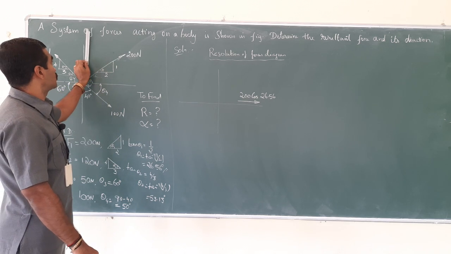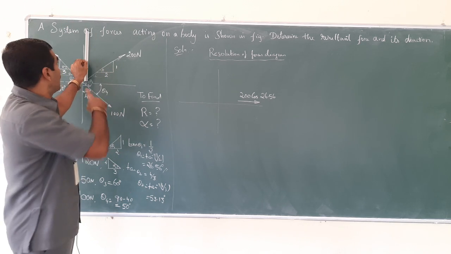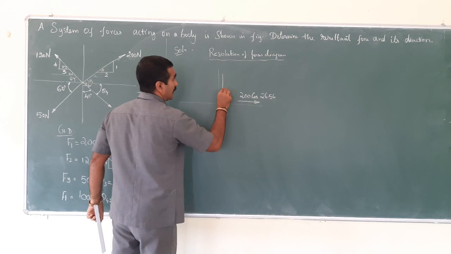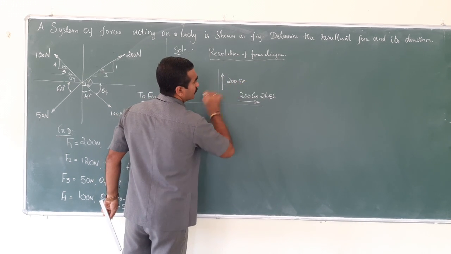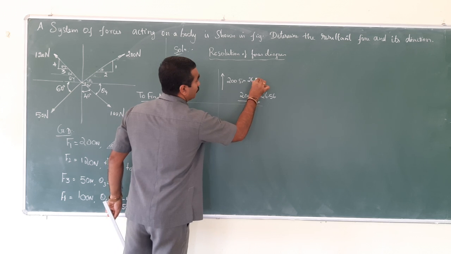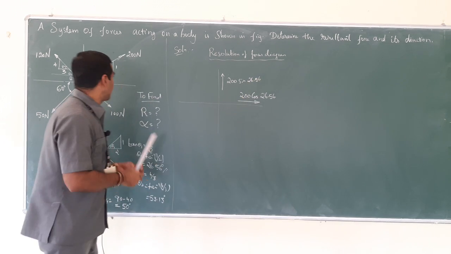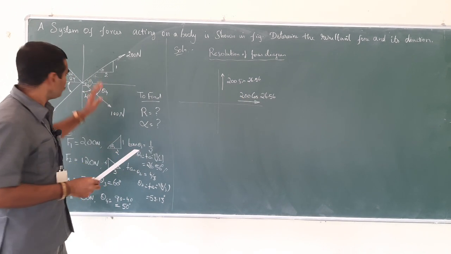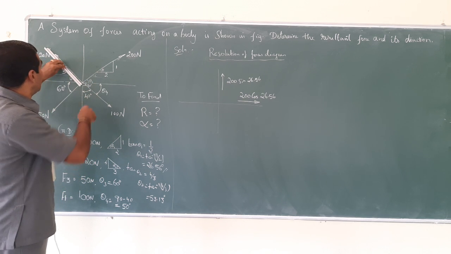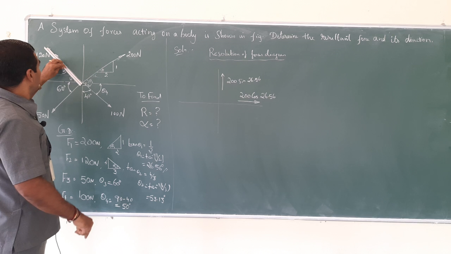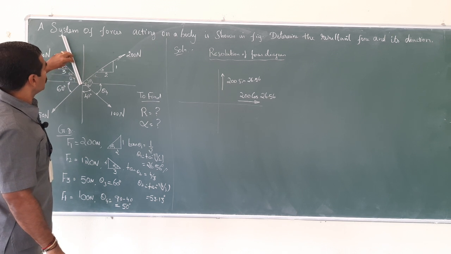This y-axis is closer to this. That will act vertically upwards. That is 200 sine 26.56. Is there any force which is there in the first quadrant? No.